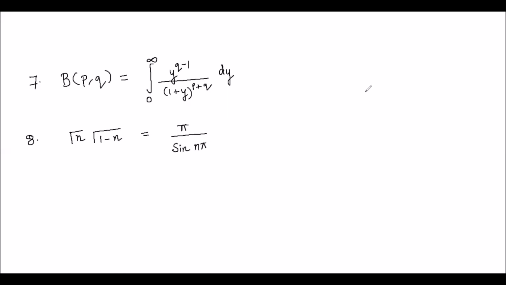So these are the 8 properties which we'll be using while solving the questions based on beta and gamma function. And second thing is that we should be able to prove all these 8 properties. So in this video, we will be taking some problems, and in another video, we will be discussing the proofs of some of these properties.